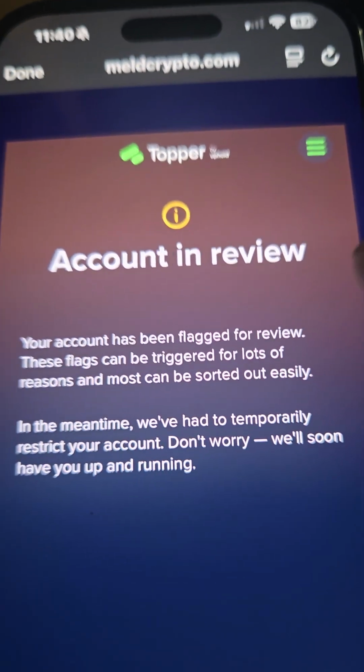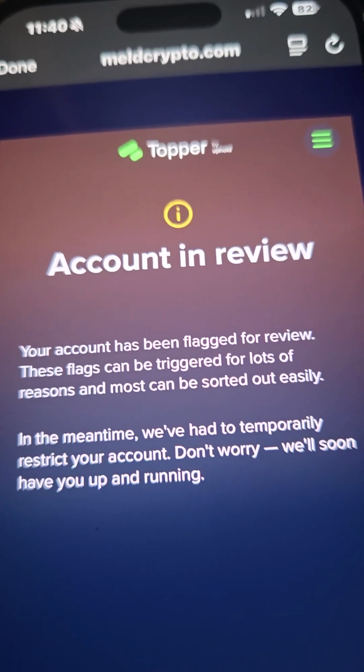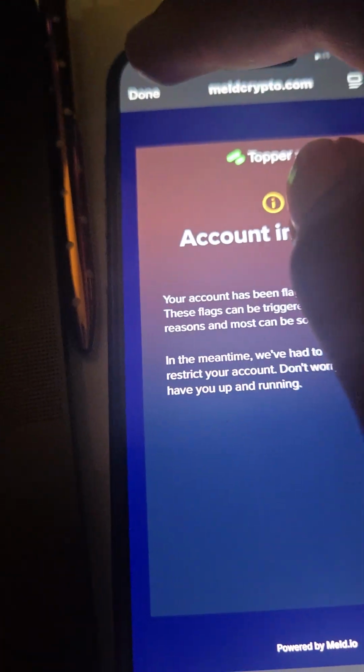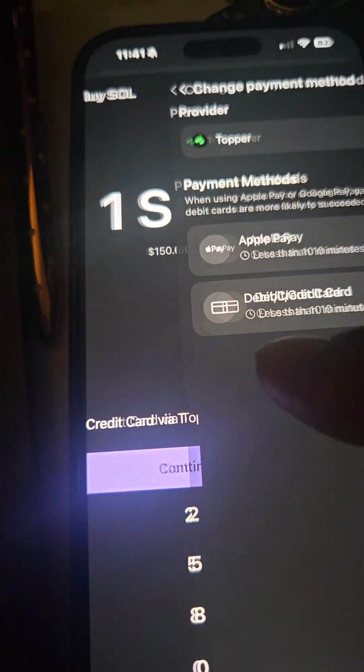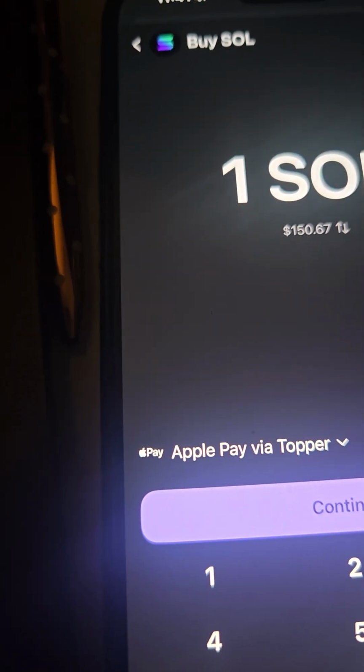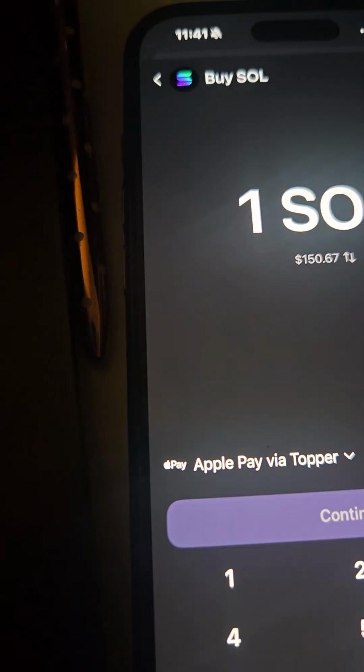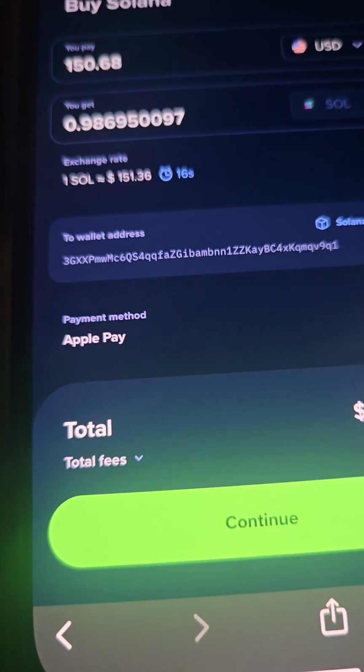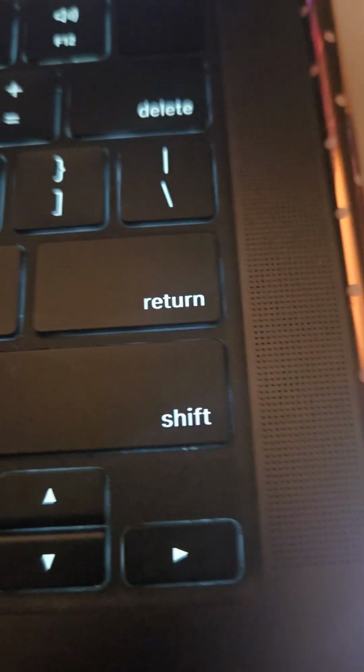Now, sometimes you'll run into a message like this. Don't let this deter you. Don't let this stop you. All you got to do is hit done. Come back here and change this to Apple Pay. And see if it will let you try to do it with Apple Pay, especially if you're on an Apple device. So hit continue. Same process. 150. Hit continue. And then we're going to do continue with Apple. Hit sign in.